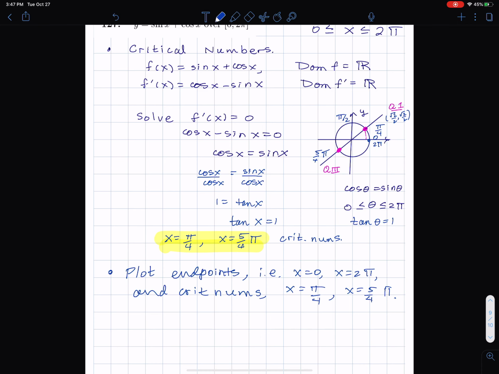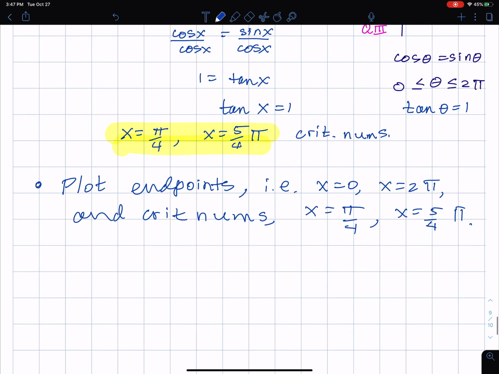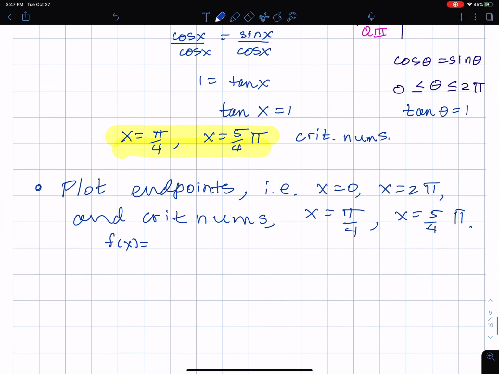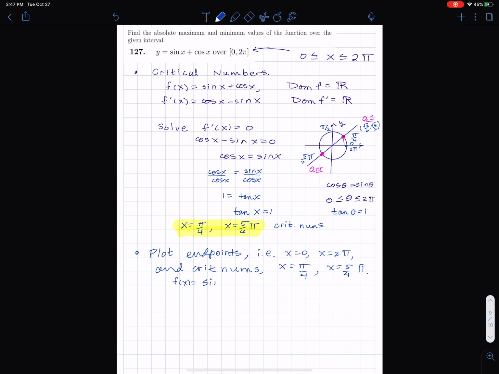I could see myself or someone getting a little stuck on this when we have to plot those points. And then, I haven't worked out the problem yet, but once I find the y values, I have to compare which one's greater and which one's lesser, and that might not be that easy unless I do a calculator approximation, which I sort of don't like doing.